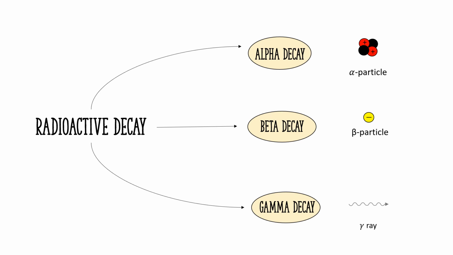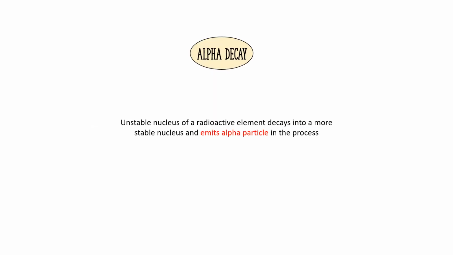Now, let's dive into these types of radioactive decay one by one. Let's start with the first one, which is alpha decay. So, alpha decay is where unstable nucleus of a radioactive element decays into a more stable nucleus and emits alpha particle in the process.